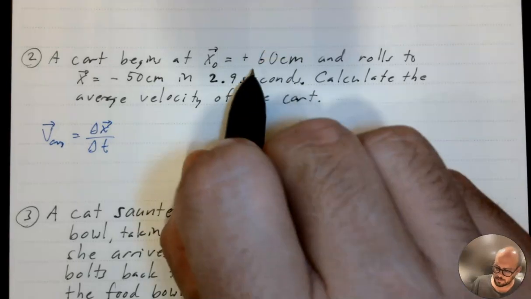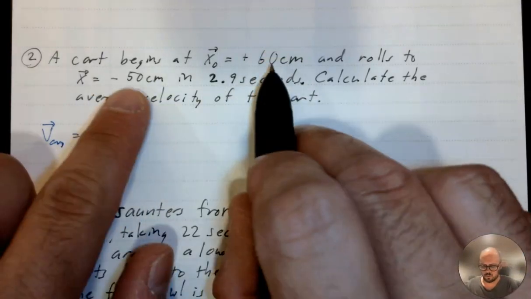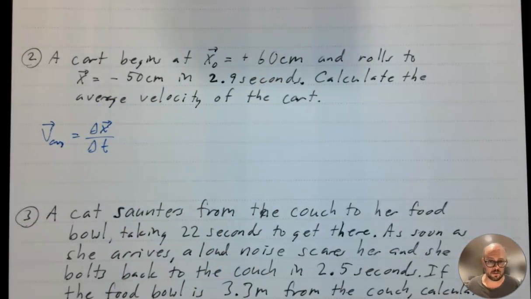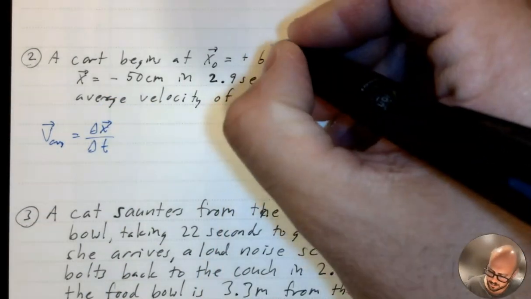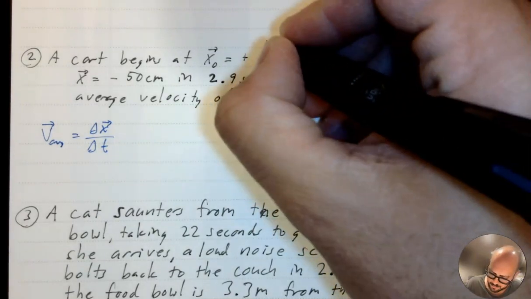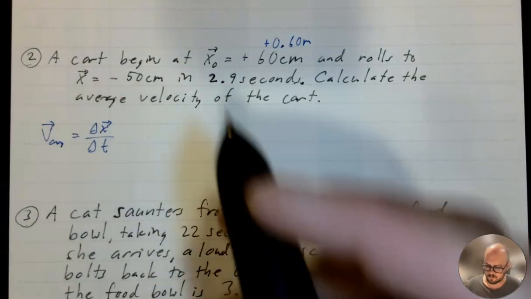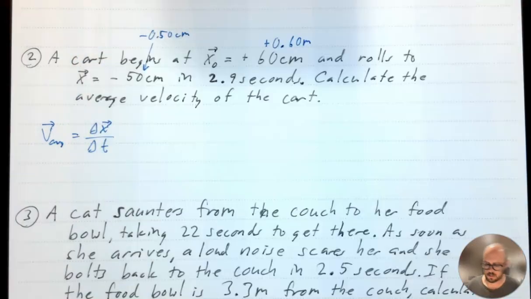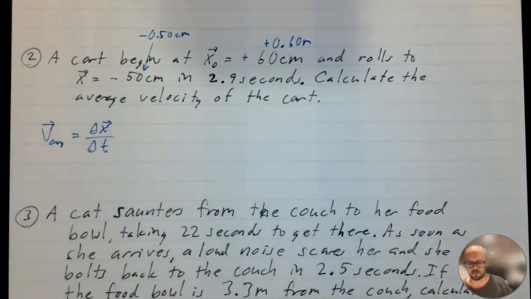This time we have the two initial and final positions, and they're also in centimeters. So I'm just going to make a note that 60 centimeters is 0.60 meters, and then negative 50 centimeters is negative 0.5 meters. So I'm going to have to keep track of that.